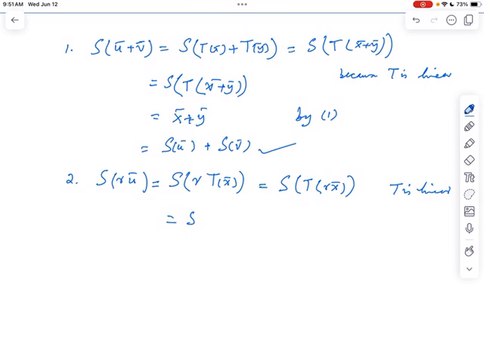And now this will be equal to S of, I don't need to rewrite it, it's going to give me basically just rx, which is equal to then r times S of u. So we are done with the proof. Hence S is linear.